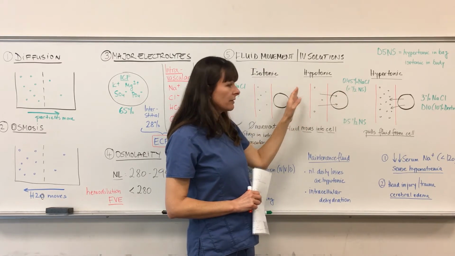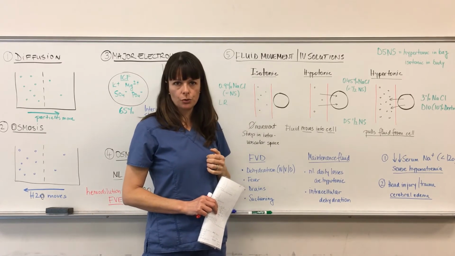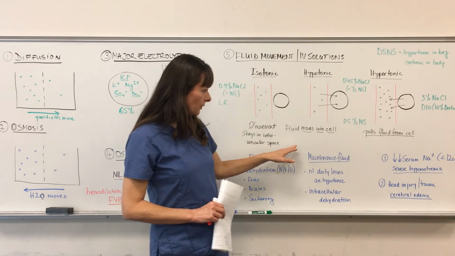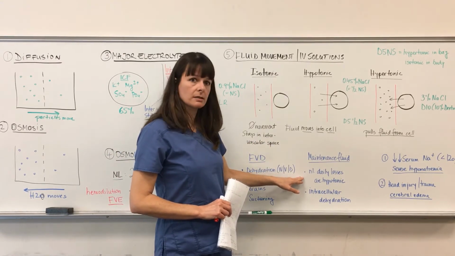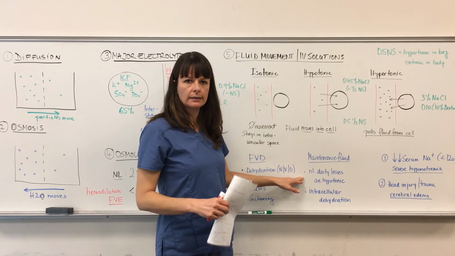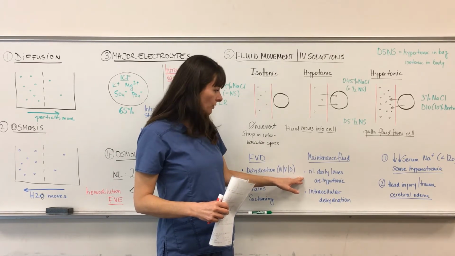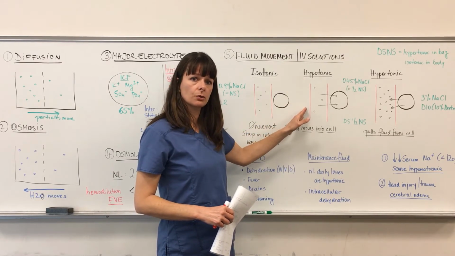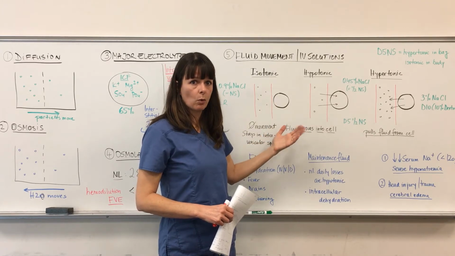Now hypotonic IV solutions, you'll see used a lot in patients who might be going to surgery or just for regular IV maintenance fluid. And as you can see here, I wrote normal daily losses such as from perspiring, sweating, GI tract, fluid losses through respiration and so forth. They are hypotonic. So if we replenish the patient with hypotonic solution, everything will reach homeostasis just like the body wants to.